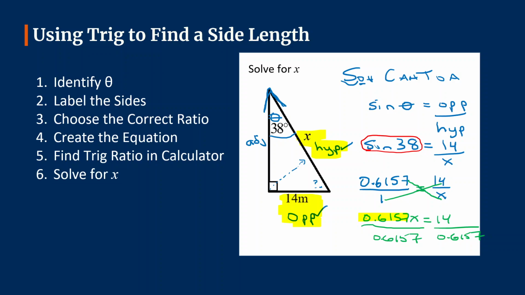So on this side, I'll be left with just x. And then in my calculator, if I do 14 divided by 0.6157, I get 22.7. So in our final answer for side lengths, we round to 1 decimal place. So that is a trig question.